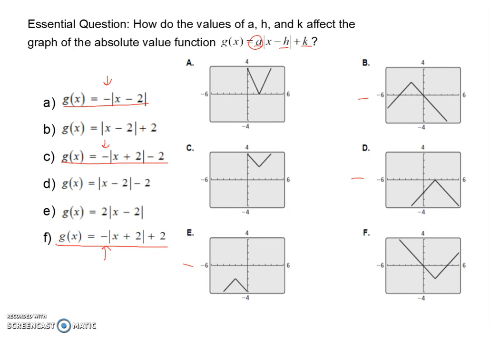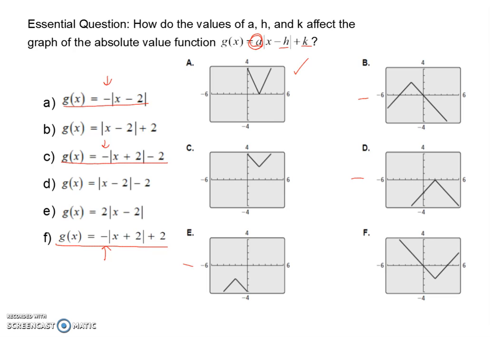Another thing I notice when I'm looking at all the graphs is most of them seem to be the same shape. They're certainly all the V for the absolute value graph. I'm talking about how open it is. Is it open wide? Is it open narrow? Has there been a stretch or a shrink? And the only one that appears to have a stretch or a shrink is here in A. It seems to have a vertical stretch. Well, if I look at my equations, I know that for a vertical stretch, A has to be greater than 1.